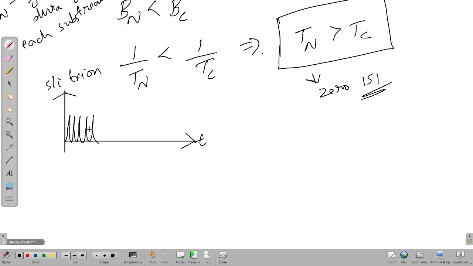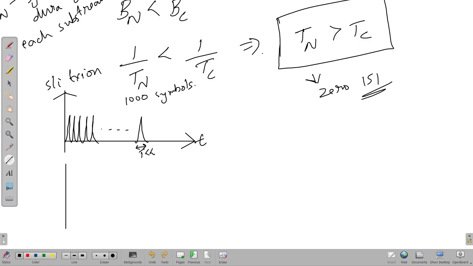Now I'm seeing the time domain. You have a number of pulses like this. Suppose you have 1,000 pulses, 1,000 symbols, and the time duration is very less because the bandwidth of the signal is large.